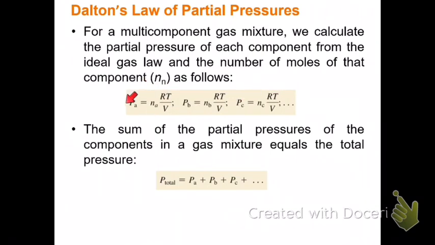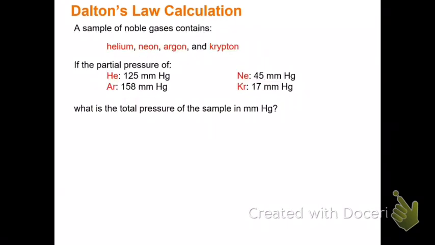Once you determine the individual partial pressures of each gas, then you can determine the total pressure of that mixture by simply adding them all together using this equation. All right, so let's look at a simple example here.